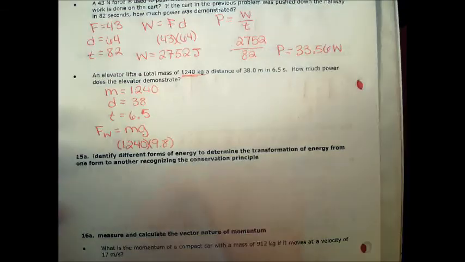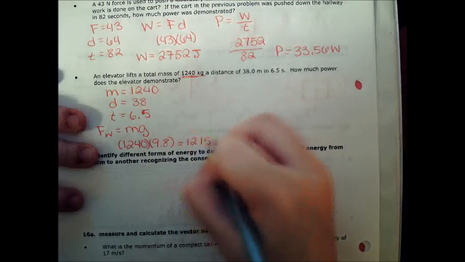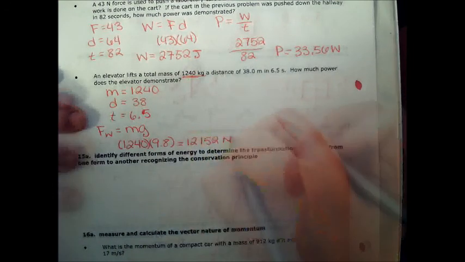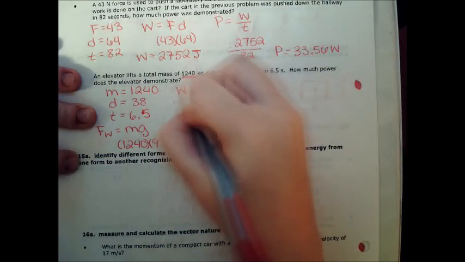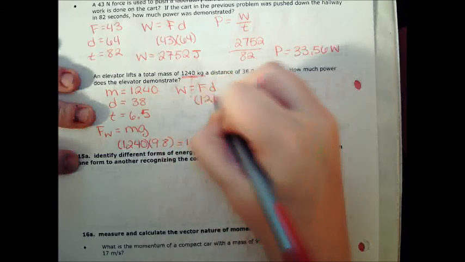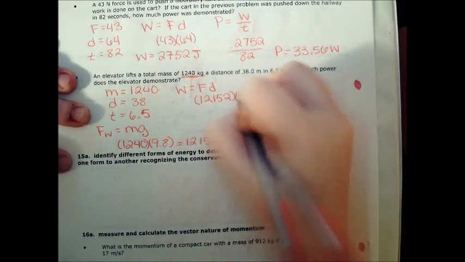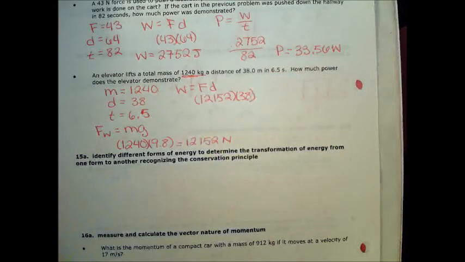Thanks, Google, for being my calculator. So 12,152 newtons. From there, we can just use the same formulas from up here. We can say that the work is FD, 12152 times 38. These numbers are going to get ridiculously large.